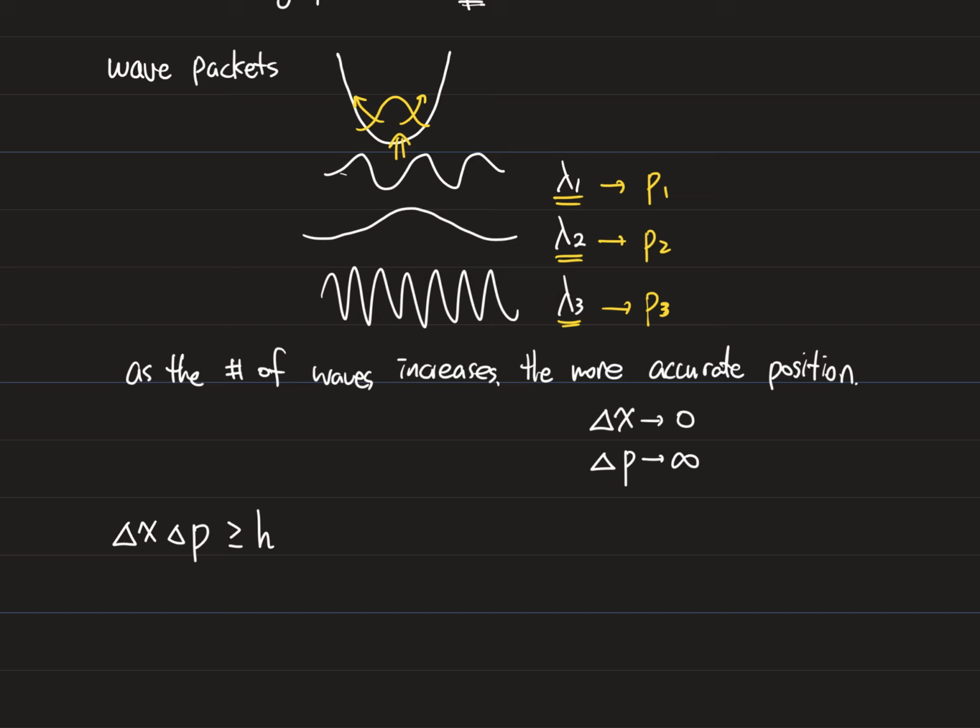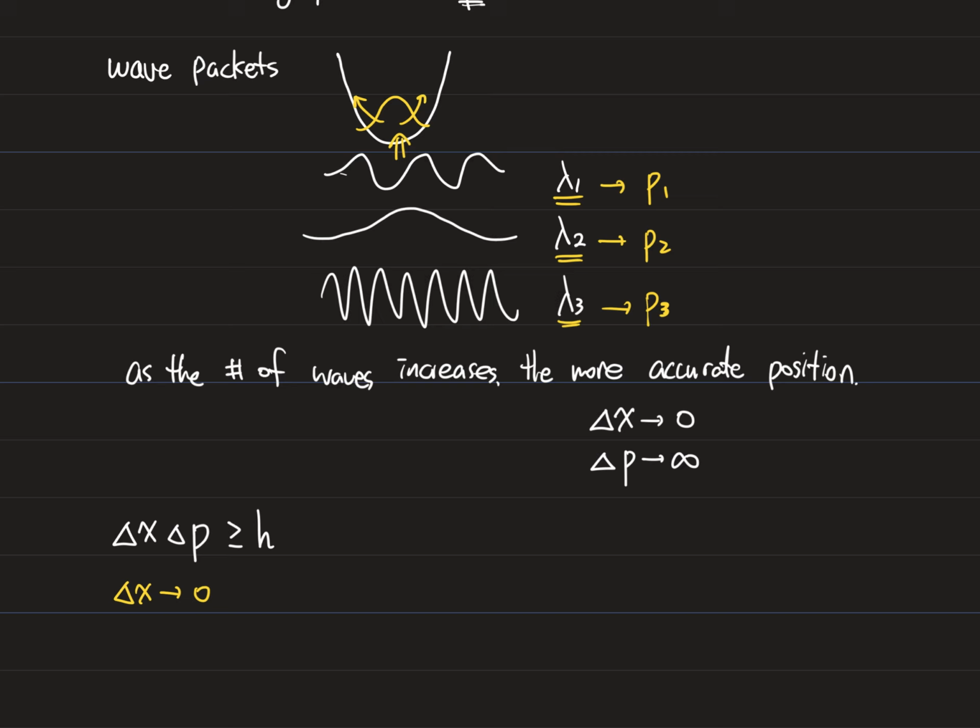If you want a really accurate value of the position, the error in measuring the position will get close to 0.